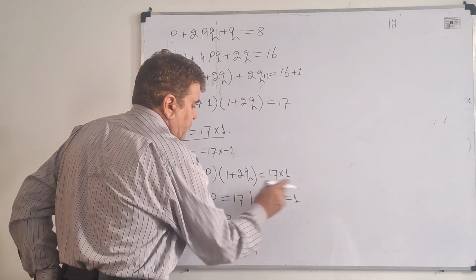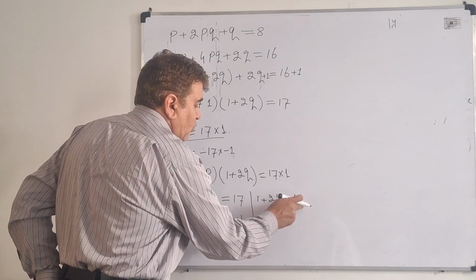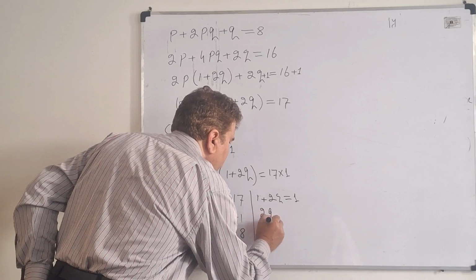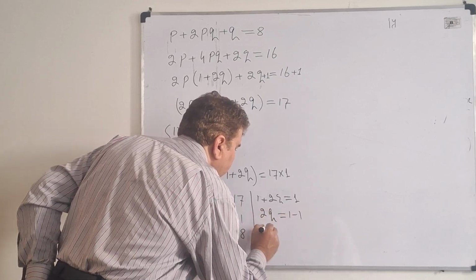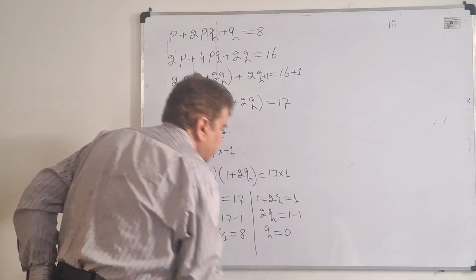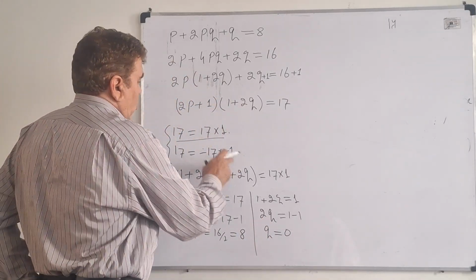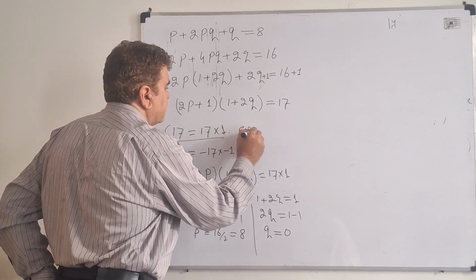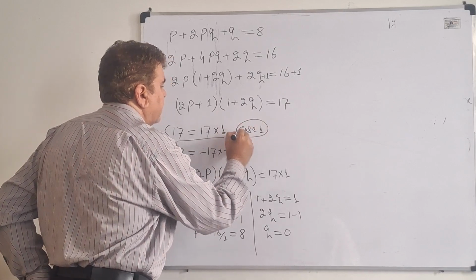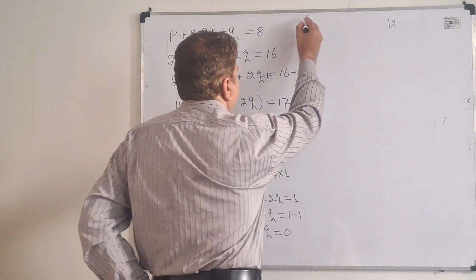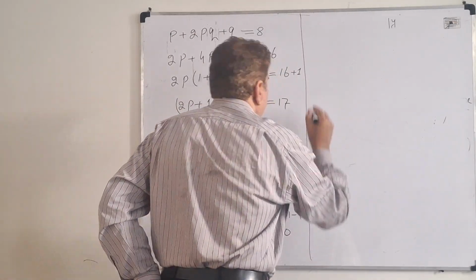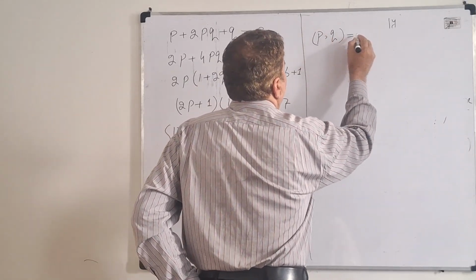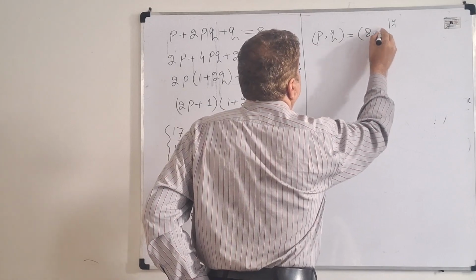If I take 1 to that side, it becomes 1 minus 1, so 2q equals 1 minus 1, or q equals 0. Let me call this case 1. For case 1, the solution set is (p, q) equals (8, 0).